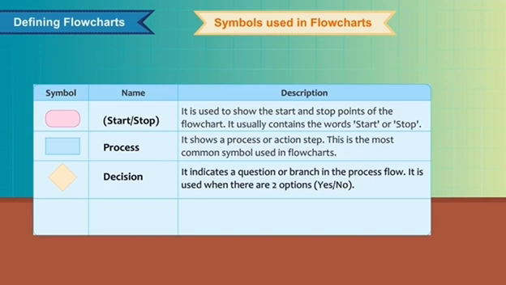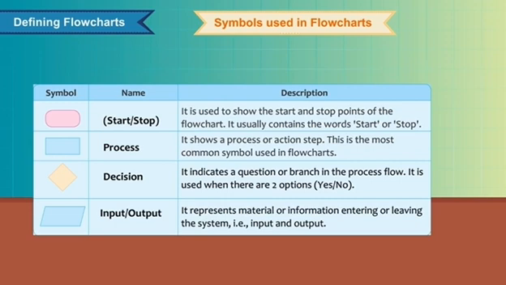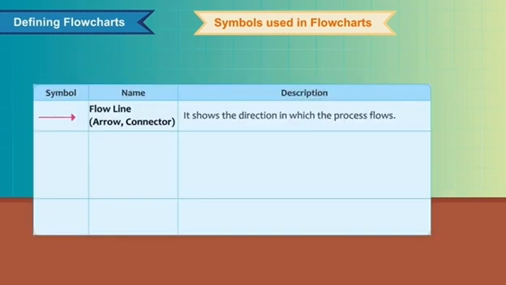Decision. It indicates a question or branch in the process flow. It is used when there are two options, yes or no. Input or output. It requires material or information entering or leaving the system, that is input and output. Flow line, arrow, connector.